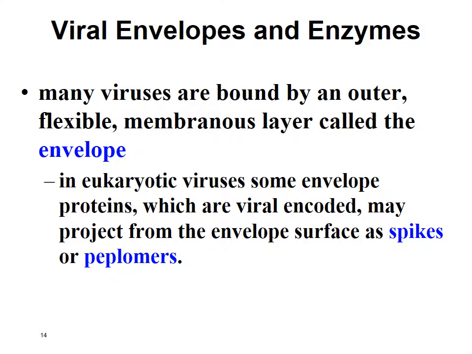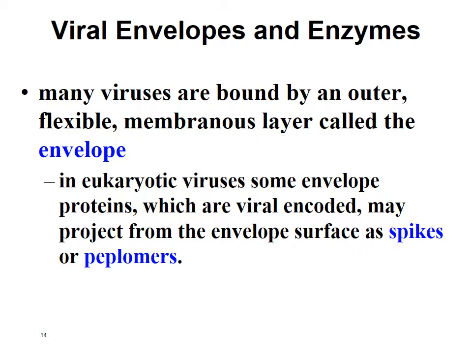Let's turn our attention now to the viral envelope. Many of the animal viruses and plant viruses, and at least some bacterial viruses, are surrounded by an outer flexible membranous layer called the envelope.